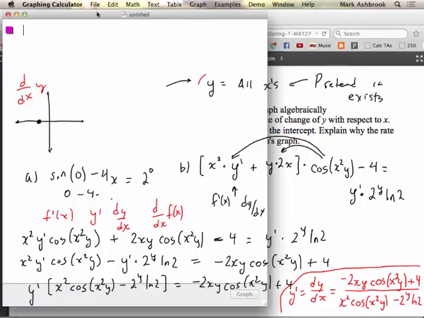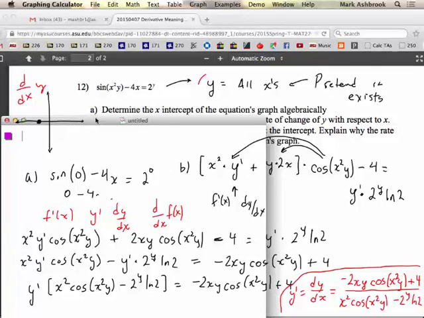Let's graph this thing: sine of x squared y equals 2 to the y.